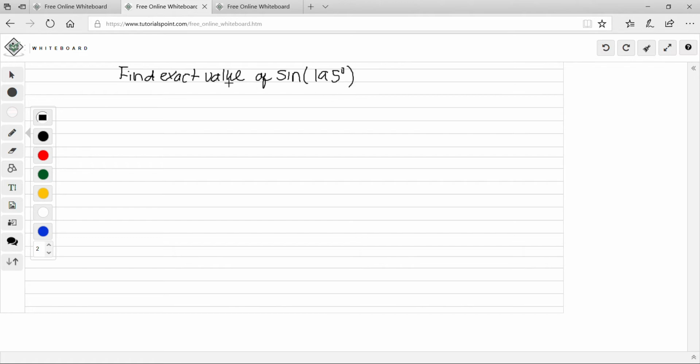So we need to find two angles that when added give you 195. So I'll use alpha equals 150 and then beta equals 45.